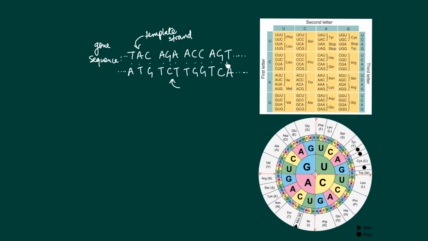So because the mRNA is going to be complementary to this, as is this strand right here, this strand is called the coding strand because it will very much resemble the sequence of bases in the mRNA molecule, the only difference being instead of T's, the mRNA will have U's.